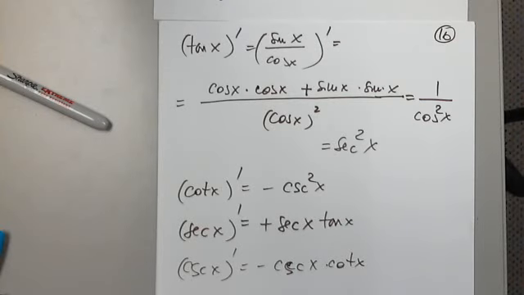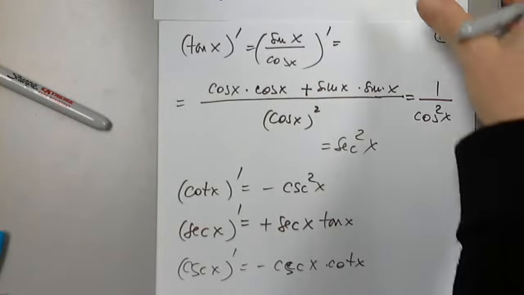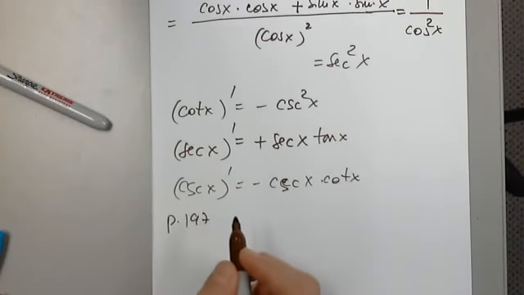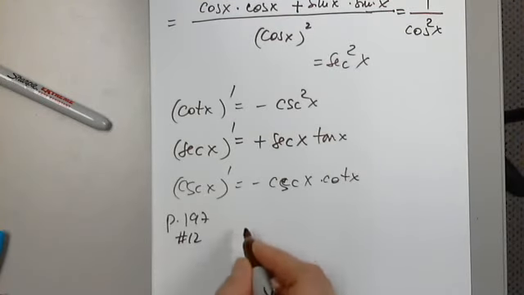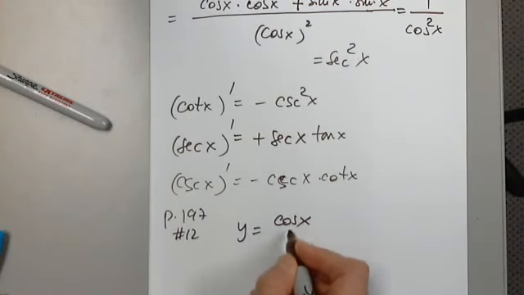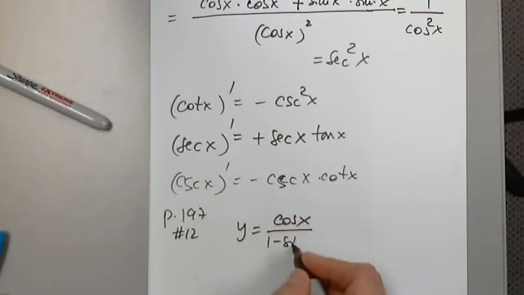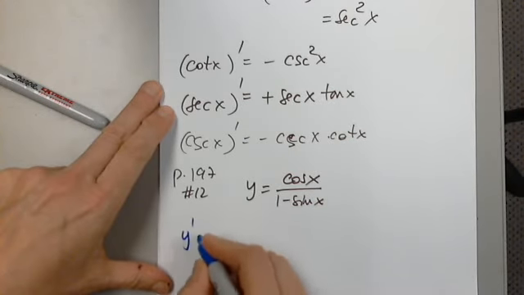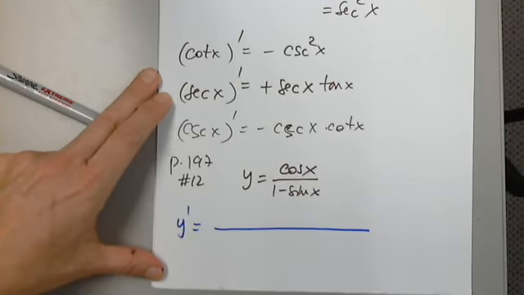Okay, let's look at a couple of problems on page 197. Let's start with 12. y equals cosine x over 1 minus sine x. This is a quotient. In order to find y prime, I have to use the quotient rule.